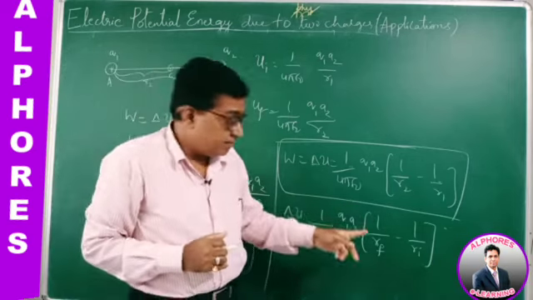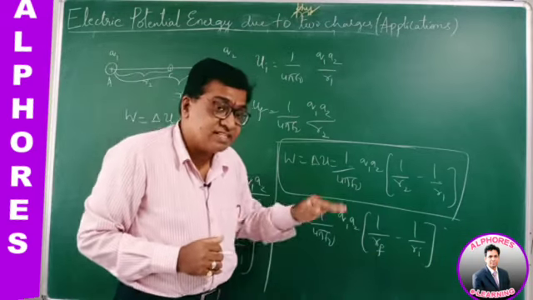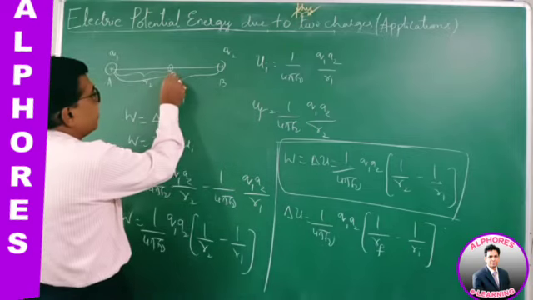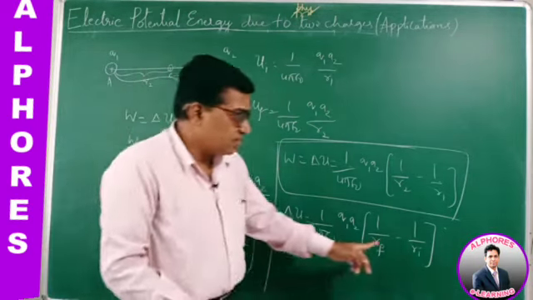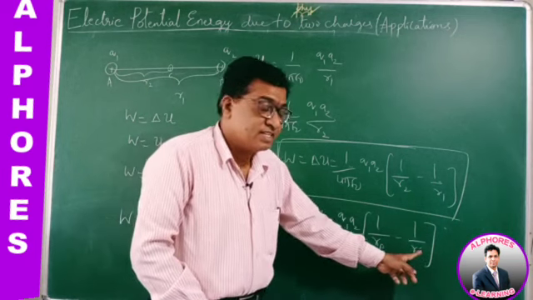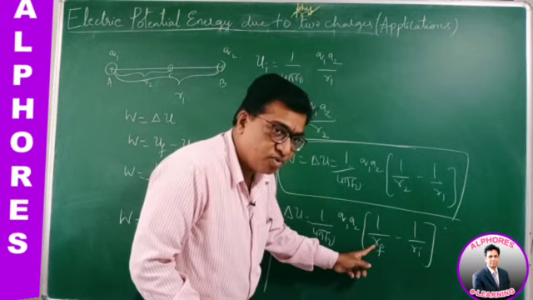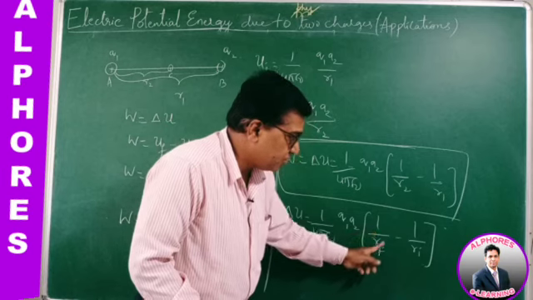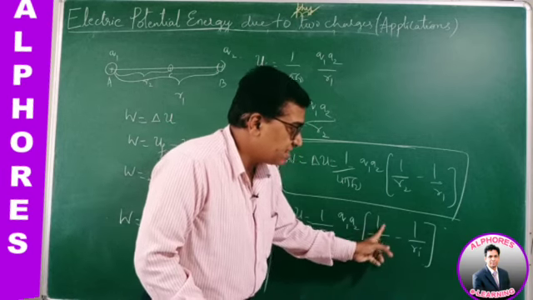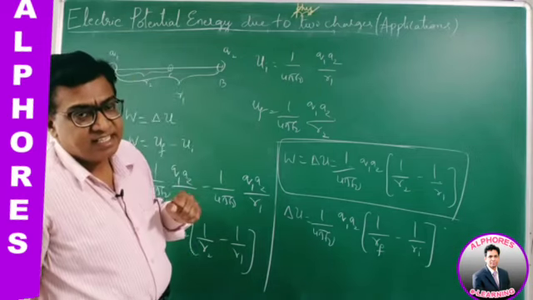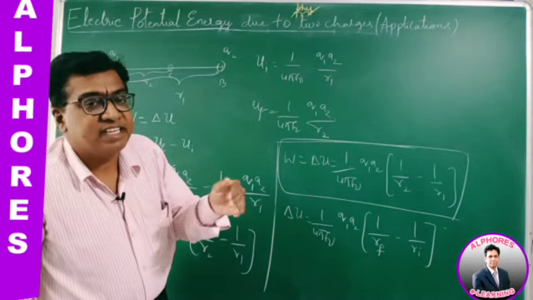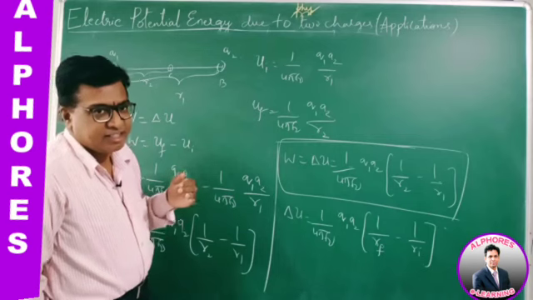If the initial distance is less and the final distance is more, I am moving the charge away from a nearer point to a far away point. So initial is less, final is more, and this value will be less. Lesser minus bigger value, the answer is negative. Potential energy decreases. Loss in potential energy leads to gain in kinetic energy. Right?